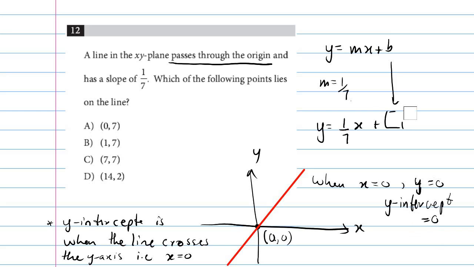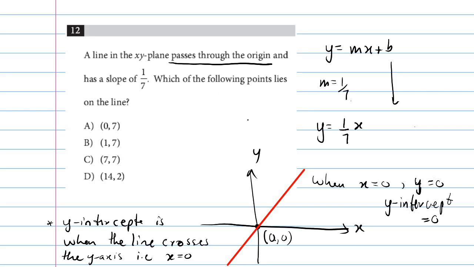Which means that there's nothing here. This was supposed to be 0 because the y-intercept is 0, though you can just keep it like that. So basically this is the equation of the line they're talking about.